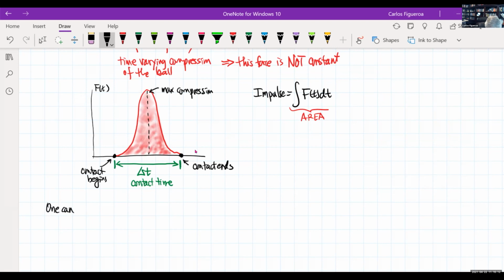One can make approximations to this curve. One way that you might think about this, it may look something like this here. You could imagine that I have an impulse curve, and here it goes.